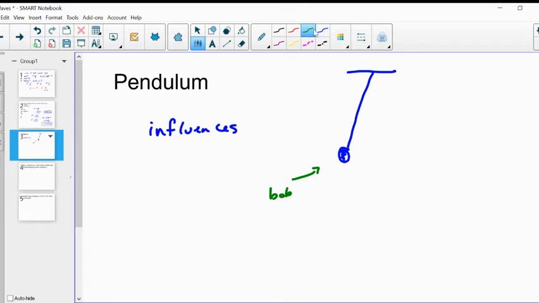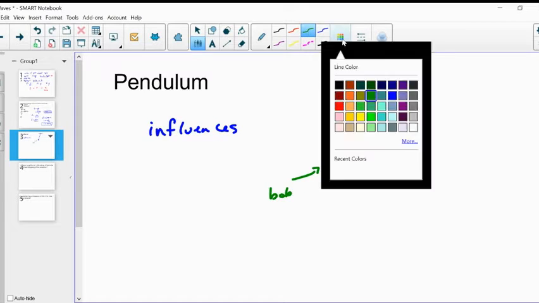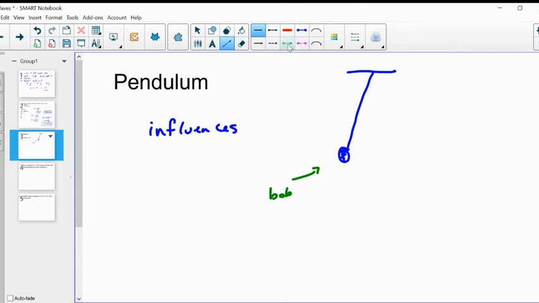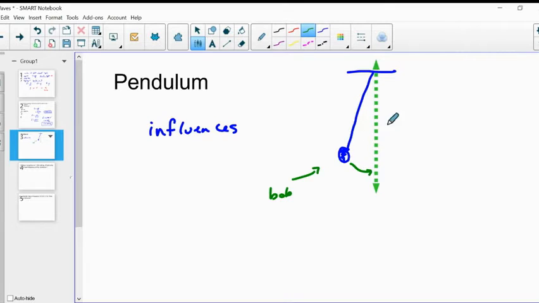If I have my center point of my pendulum, let's draw that here with a nice dotted line. There's my center line. That's my rest position. And if I let that pendulum go, it's going to swing and end up over here.